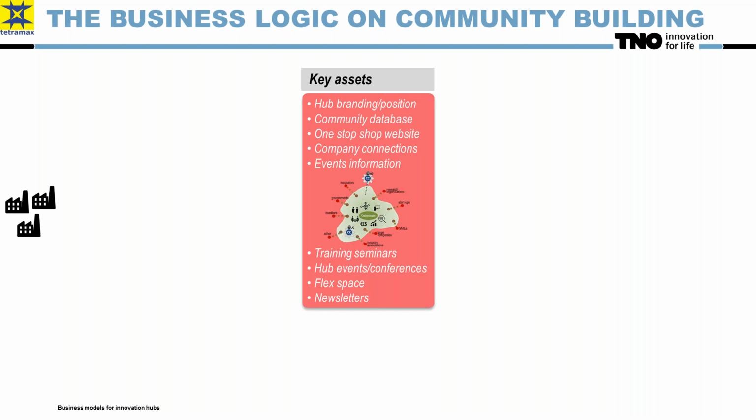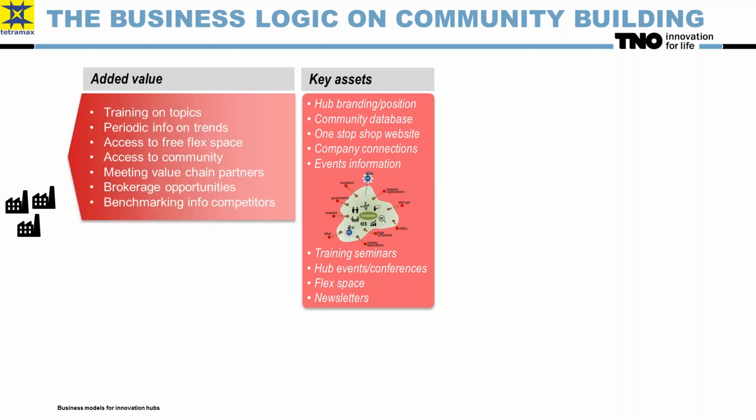So what are the key assets? It's the hub branding, the community. It's interesting to have a kind of status in the region. That's added value. Community database, one-stop shop, etc. Those key assets are important to create added value for your customer base.